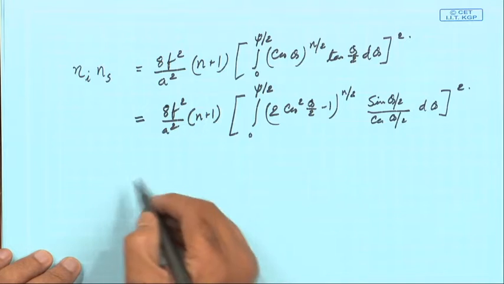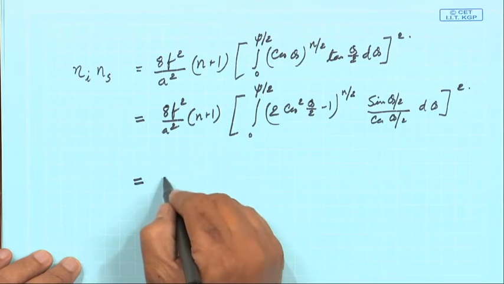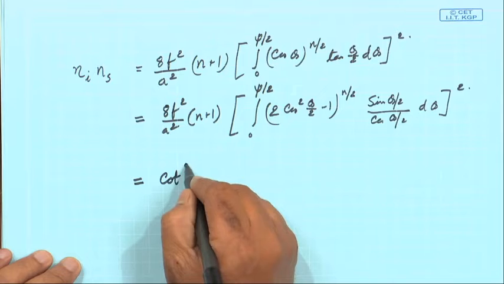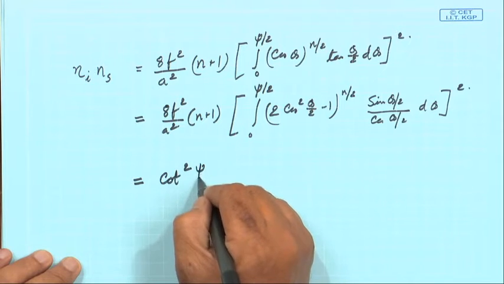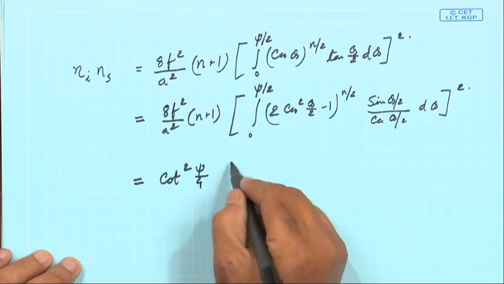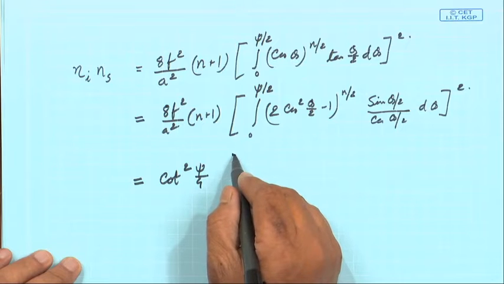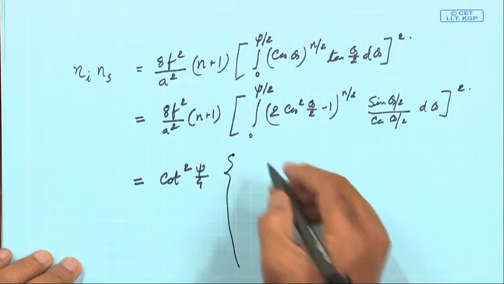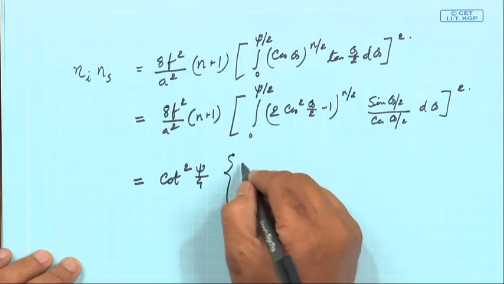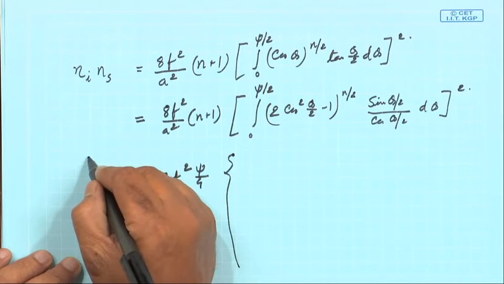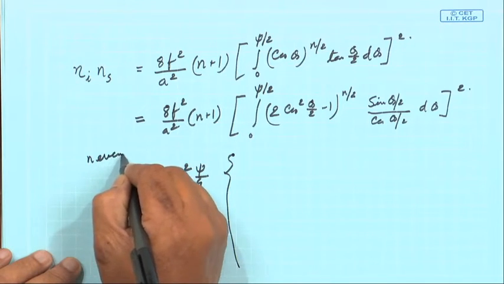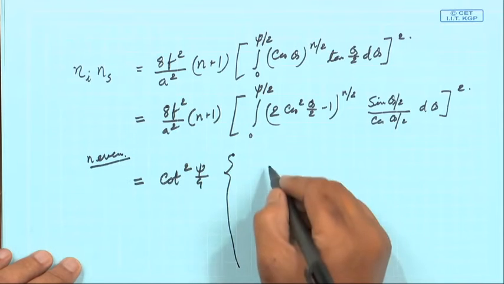So, this can be written as cot square pi by 4, then its value people have evaluated. So, only for n even this is non-zero.